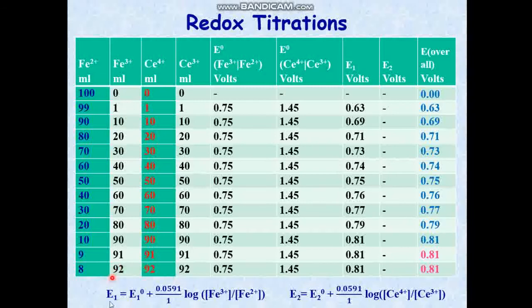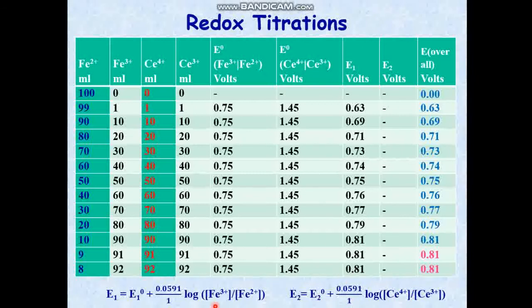Now use these 2 Nernst equations. In the first part of this titration, you have to calculate the redox potential of the system using this Nernst equation where the iron system is used, and in the second phase you have to use this equation.